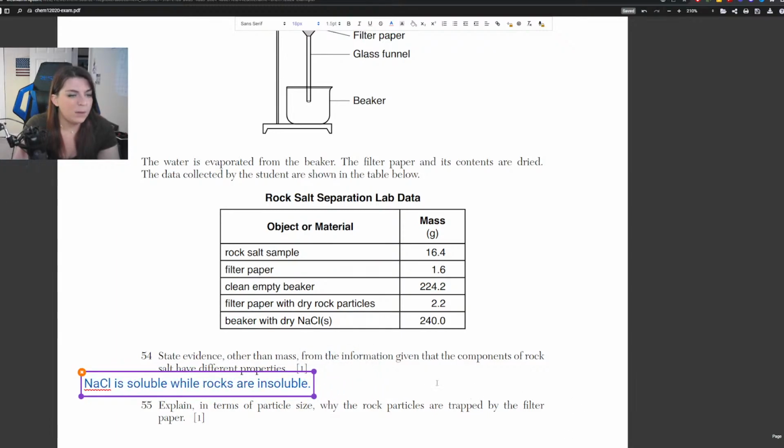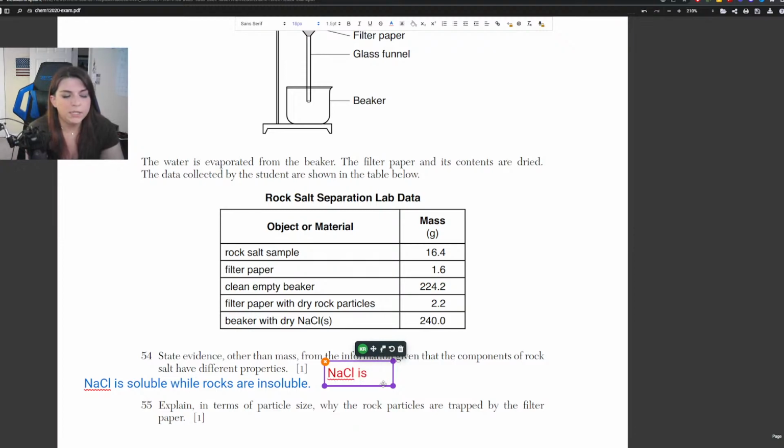And the second option would be NaCl is small and can pass through the filter paper. Oh, other than mass. Okay.